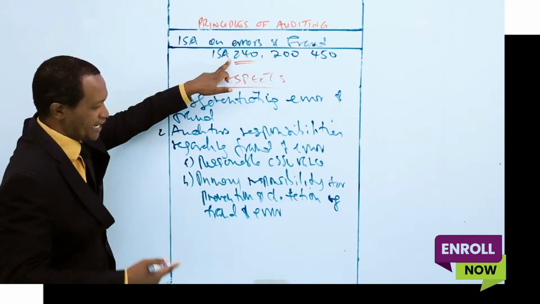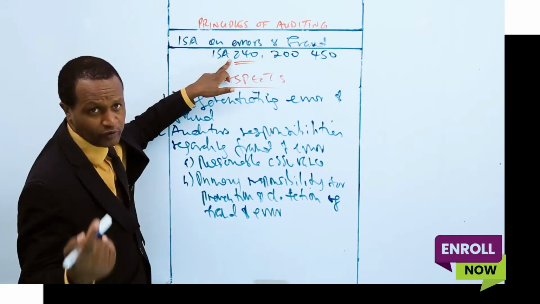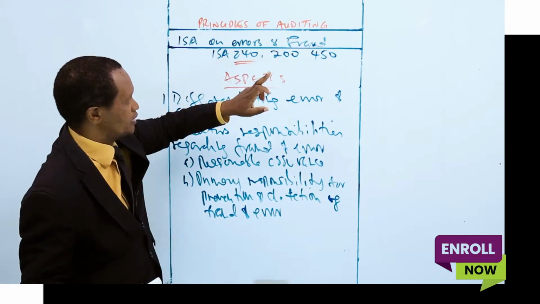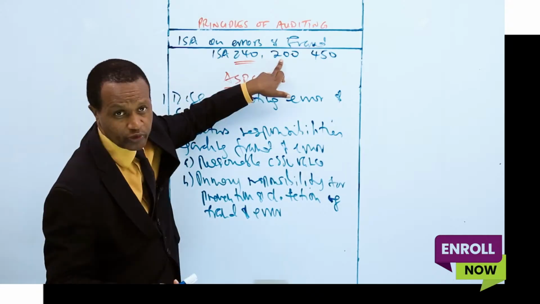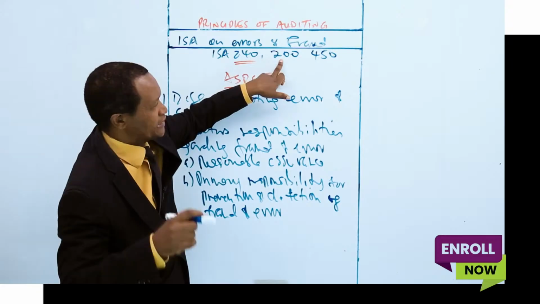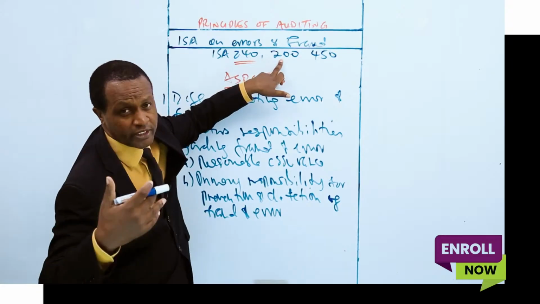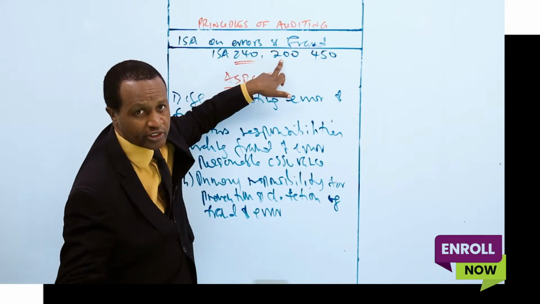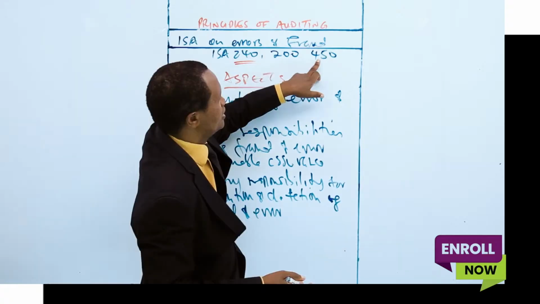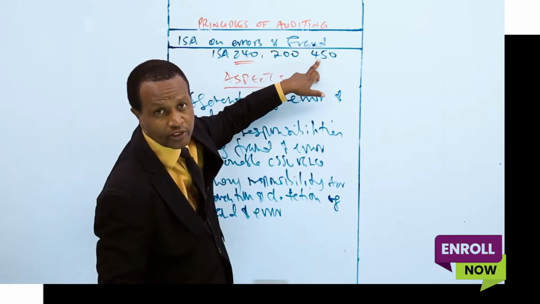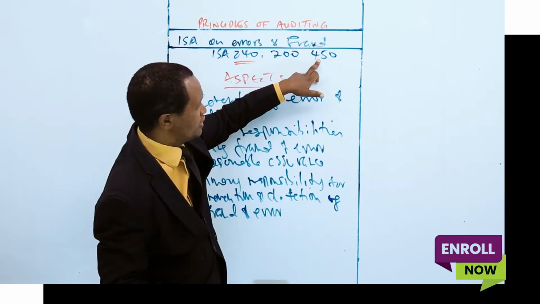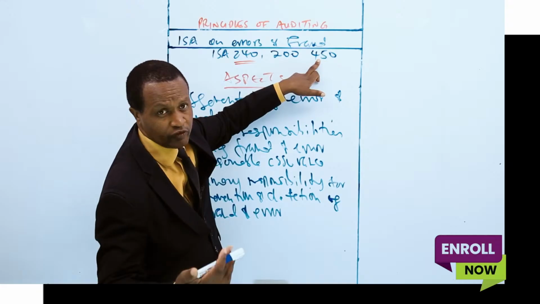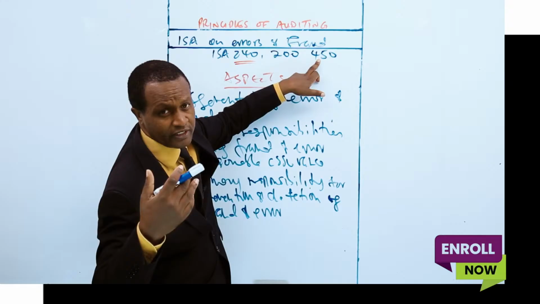ISA 240 should be read together with ISA 200, which is titled Overall Objectives of the Independent Auditor and the Conduct of an Audit in Accordance with International Standards on Auditing, and ISA 450, which is titled Evaluation of Misstatements Identified During the Audit.